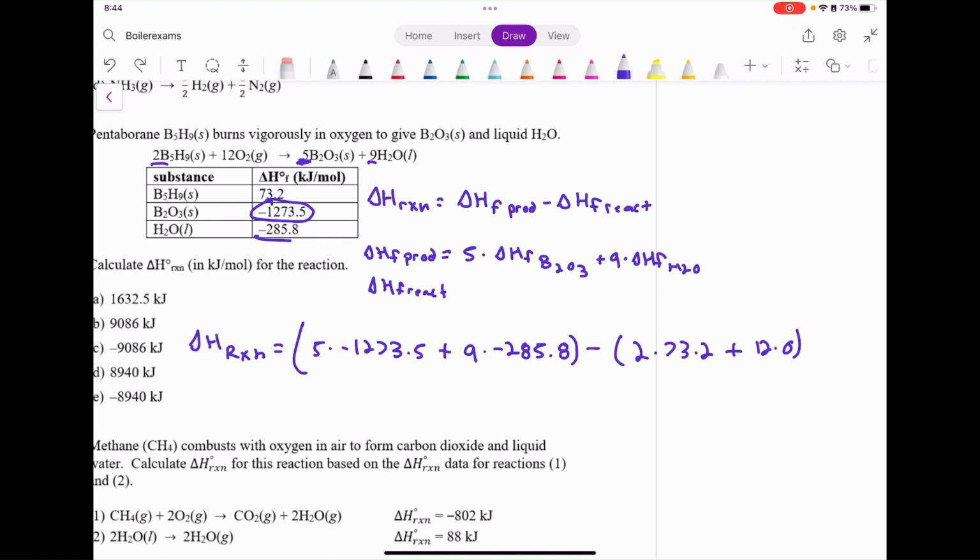So if we throw this in our calculator, 5 times negative 1,273.5 plus 9 times negative 285.8. This gives me negative 8,939.7. And then that's minus 2 times 73.2.